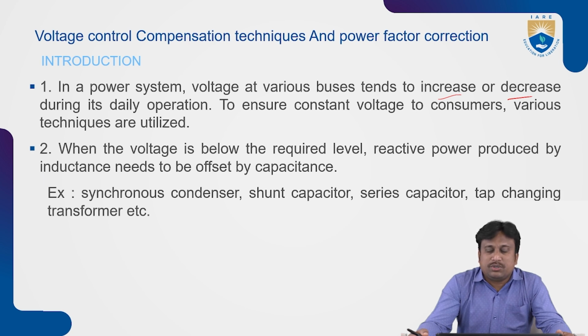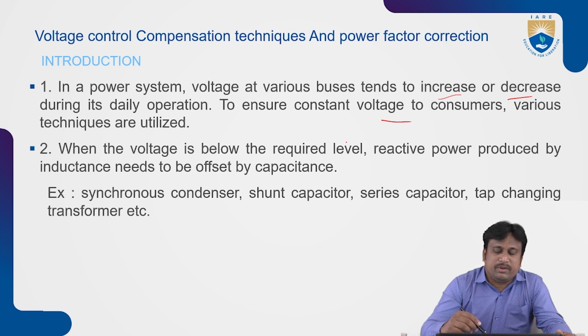To make sure of constant voltage to the consumers, various techniques are utilized. Customers are increasing day by day, so load consumption is more, and it is necessary to compensate for the lag of response. Voltage compensation is the best suitable method.